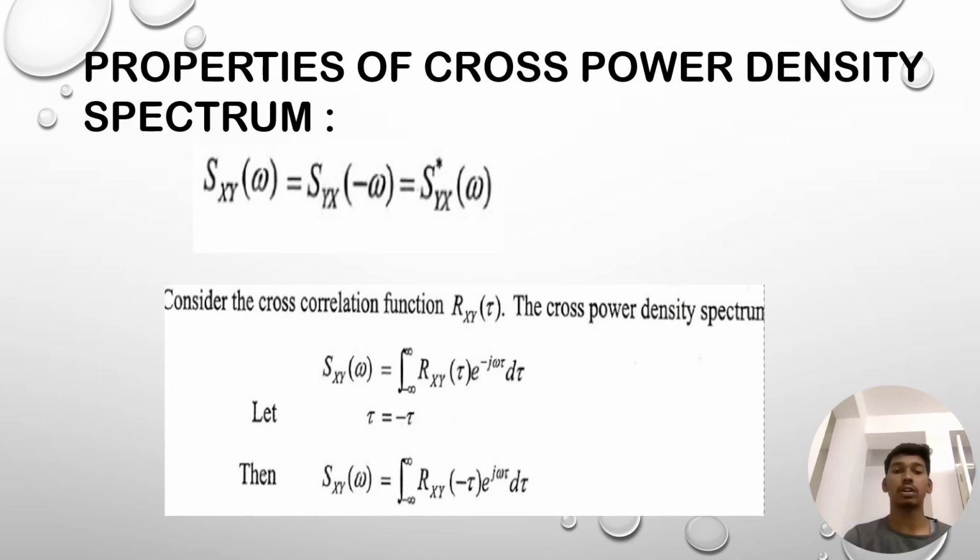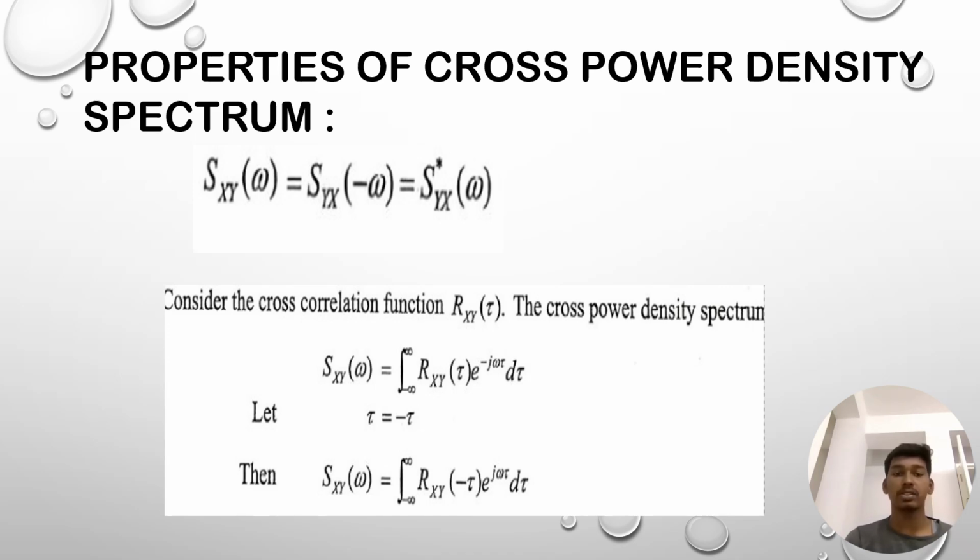Consider the cross correlation function Rxy of tau and the cross power spectral density Sxy of omega, which is the integral from minus infinity to infinity of Rxy of tau. Here we are applying the Fourier transform to the cross correlation function.